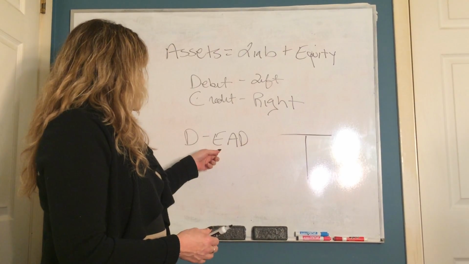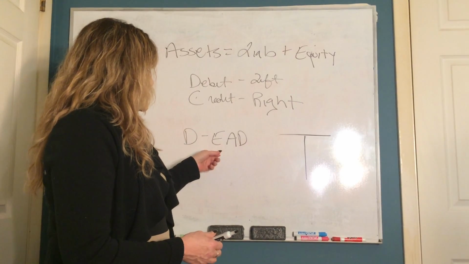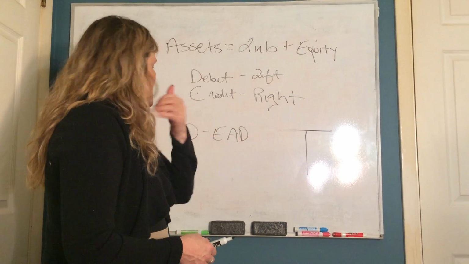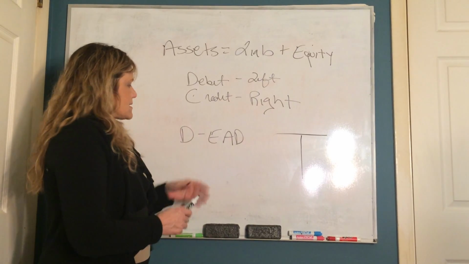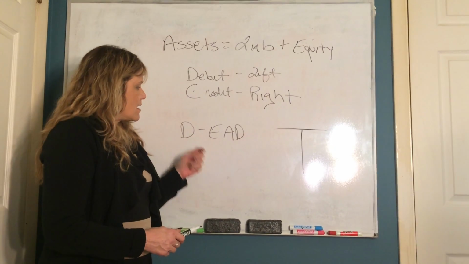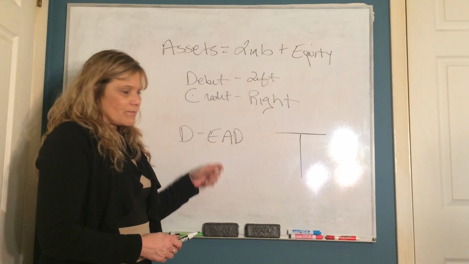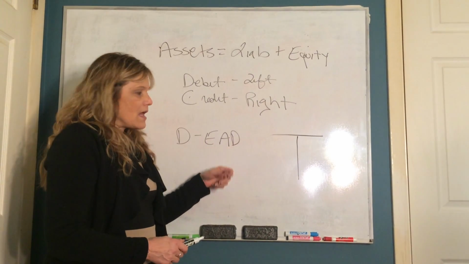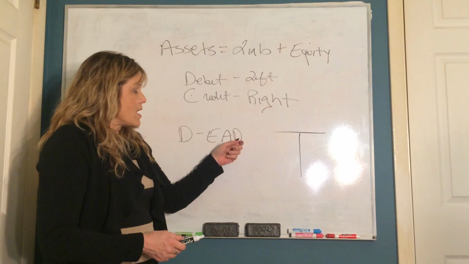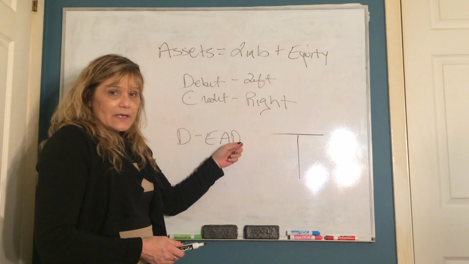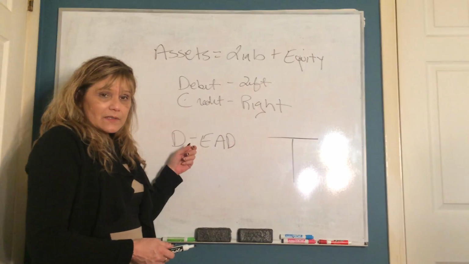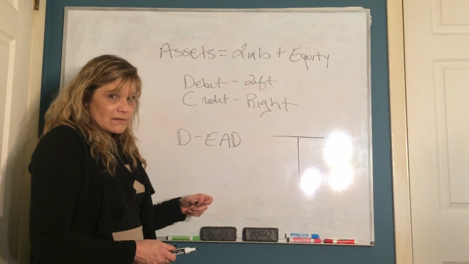I always found it easiest to remember the word DEAD. There's all different words you can use. But what DEAD means is these types of accounts will increase with the debit: your expense accounts, your asset accounts, your dividends, or if we were talking about a sole proprietor, your owner's drawings, will all increase with a debit and decrease with a credit.